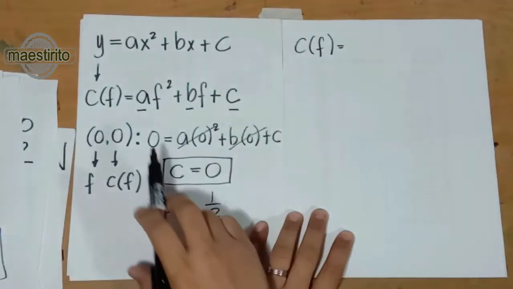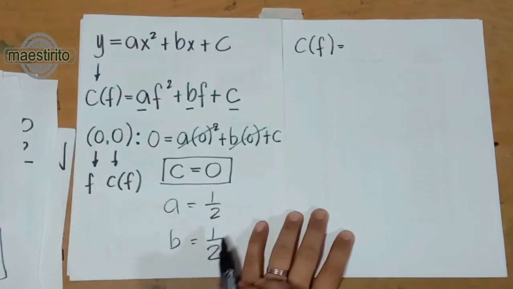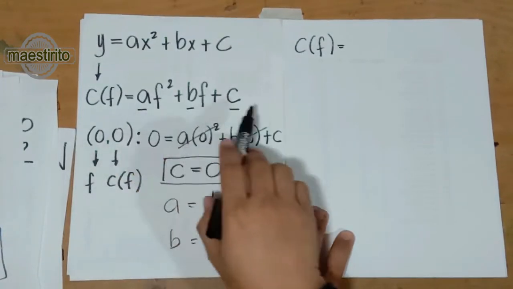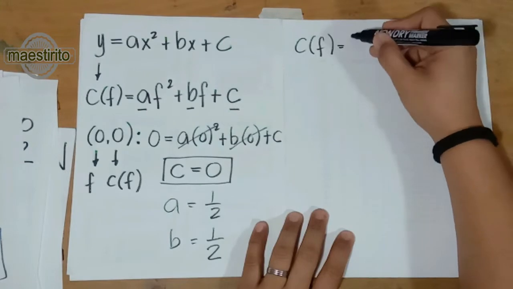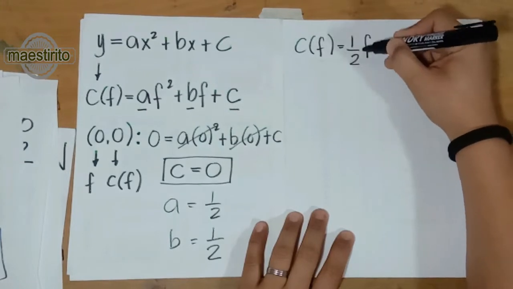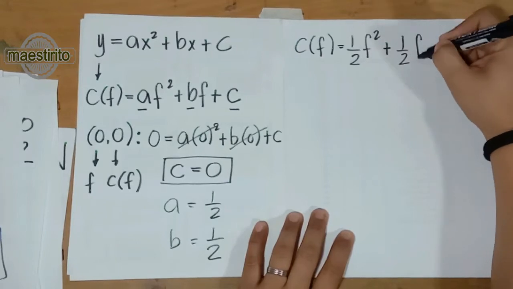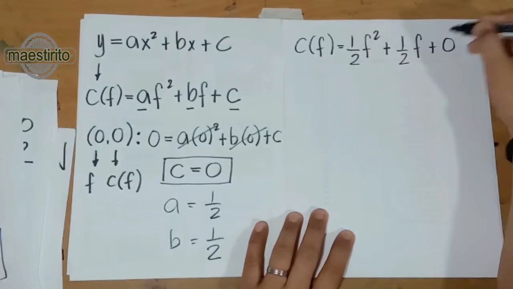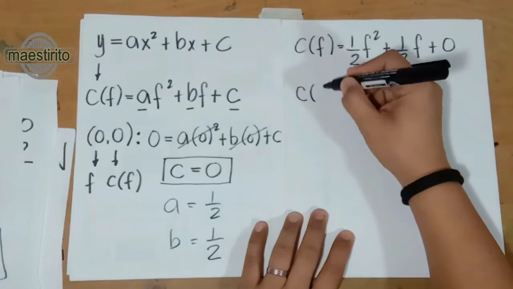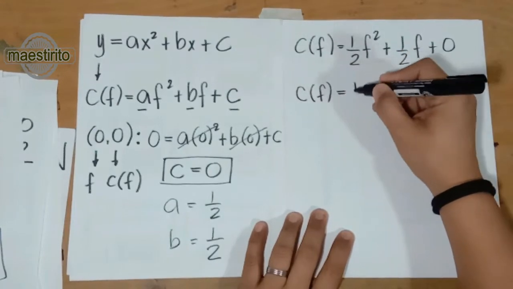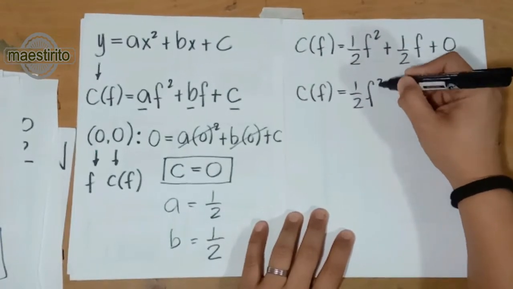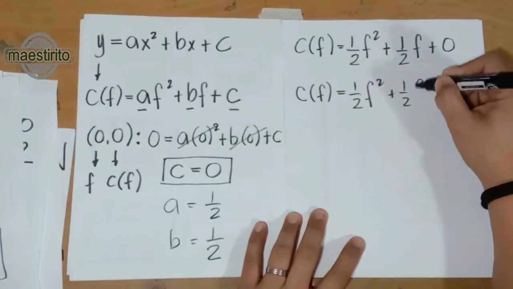We can now substitute the values we got for a, b, and c here. So a is 1/2 f squared plus b, which is 1/2 f, then plus 0. Finally, the model for it would be 1/2 f squared plus 1/2 f.